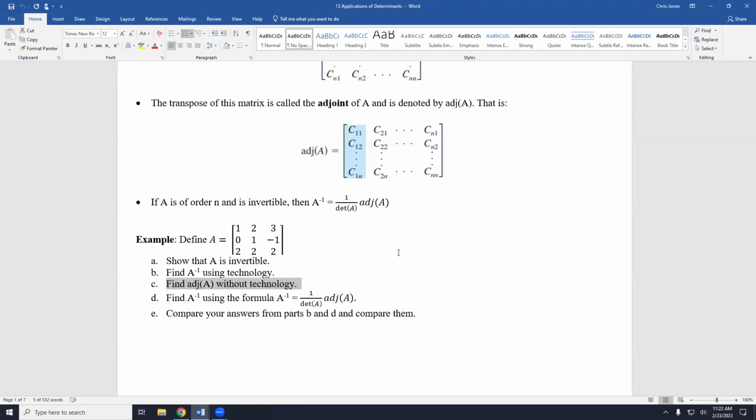Circle this. 2, 3, 1, negative 1. Then a negative, circle that, go 1, 0, 3, 1. Then 0, 1. And circle the last one, 1, 2, 0, 1.